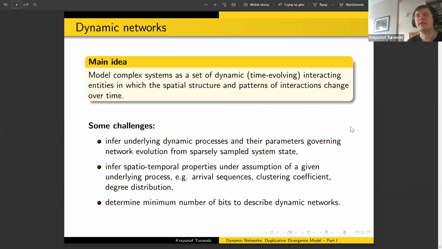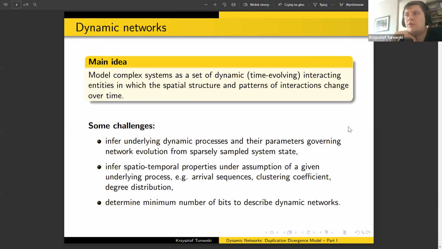Okay, so what can we study about such networks? First, we can study what exactly the underlying process is. We can try to check which models fit certain real-world networks, under which assumptions, and which sets of parameters look the most promising to describe the network evolution.